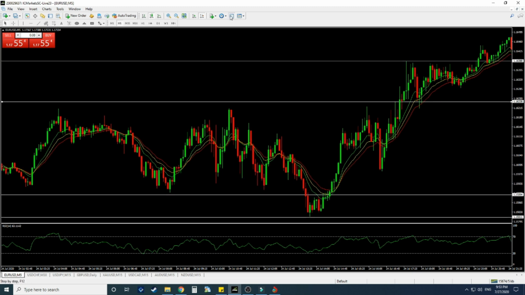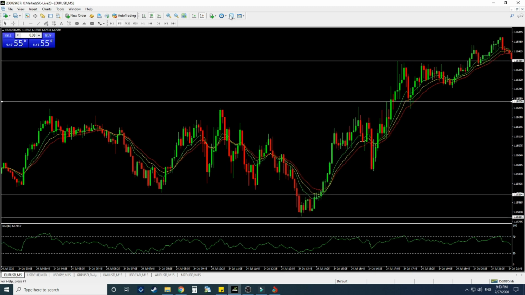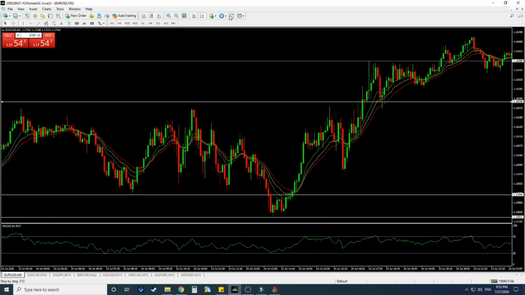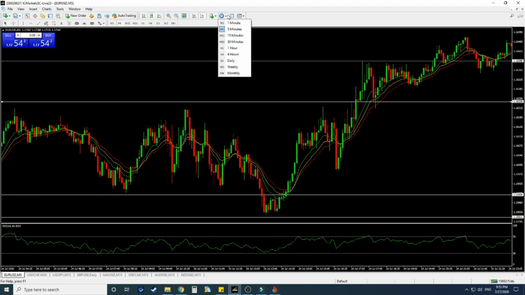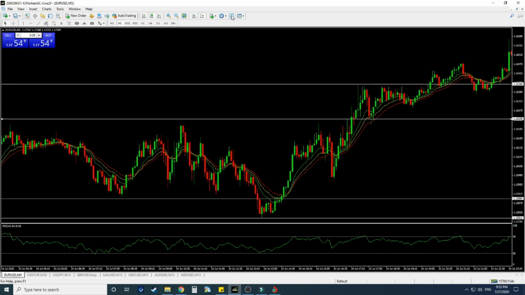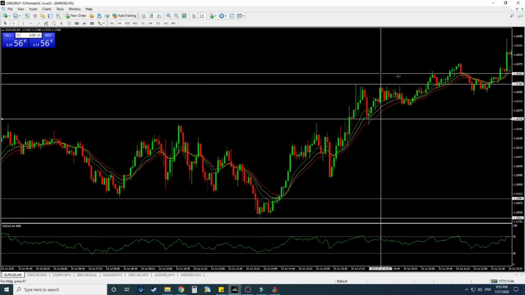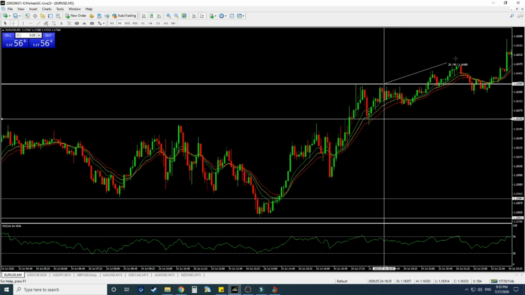So we are in a winning trade. See that one? How powerful this strategy is. From this entry, it's almost 200 pips, but suddenly it went back to this. It dropped a little.